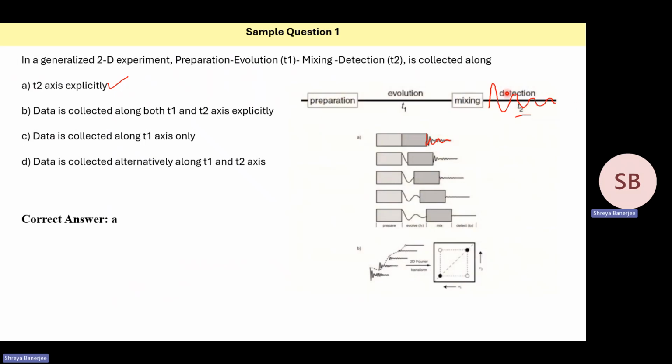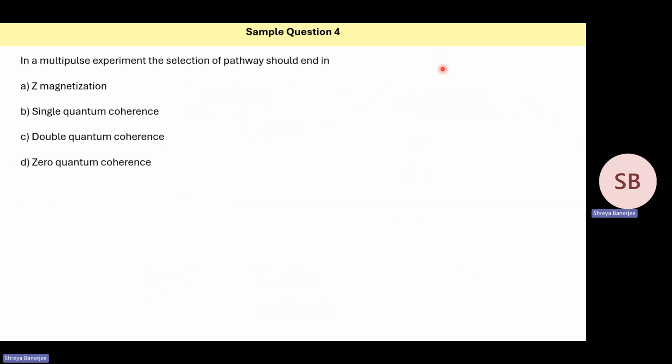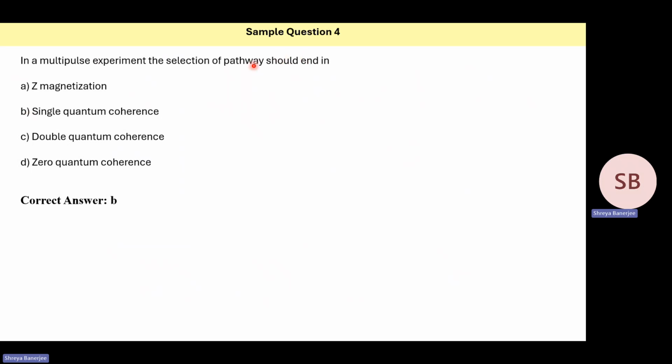So the final signal must always be a single quantum coherence, because that is the only kind of signal you can observe. So the selection pathway should end in single quantum coherence, or B, because only then can you actually detect the signal. So the correct answer is B.